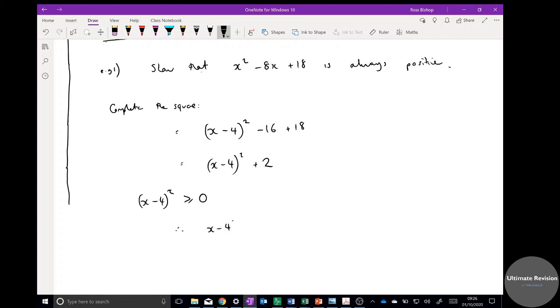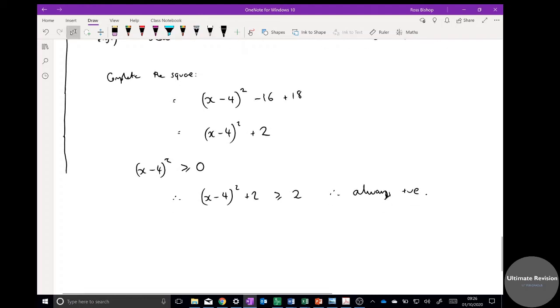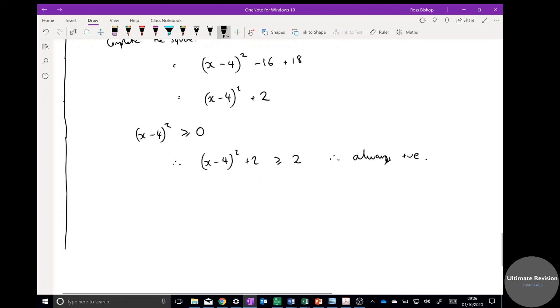Therefore, x minus 4 squared plus 2 must be bigger than or equal to 2. Therefore, always positive. So you complete the square and you show that if that was a negative, then it would not be the case. But because it's plus 2, it's definitely always positive.